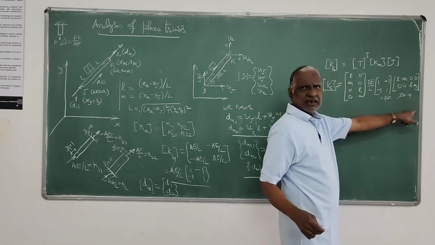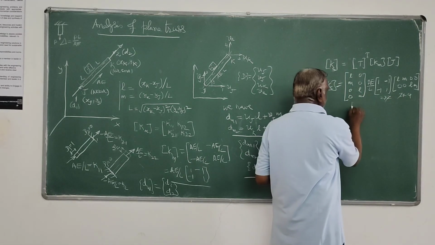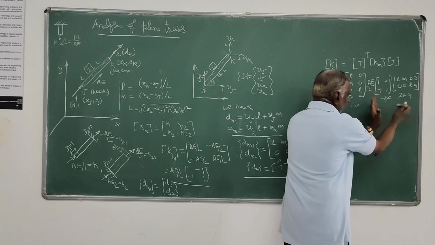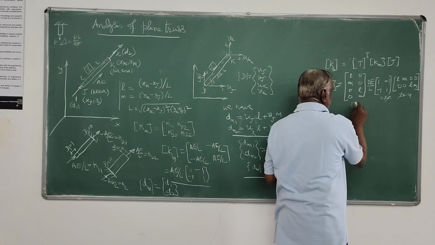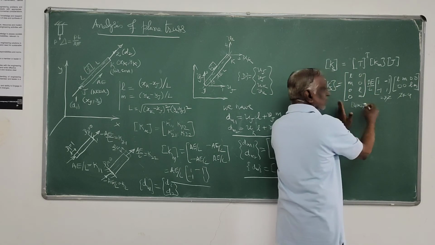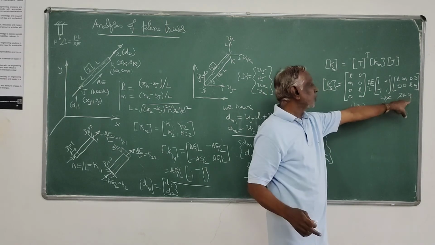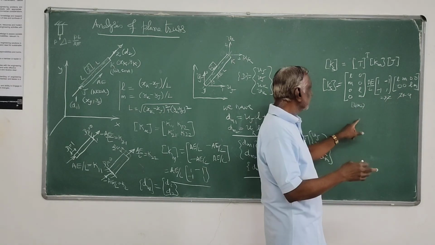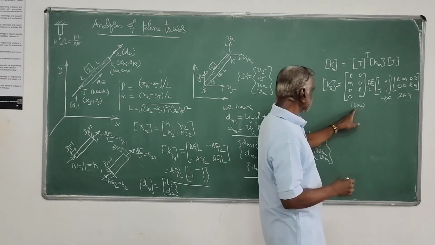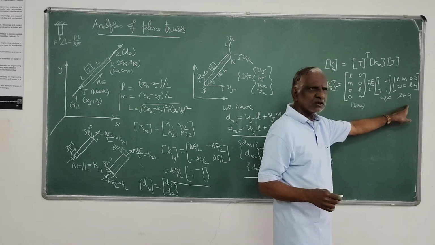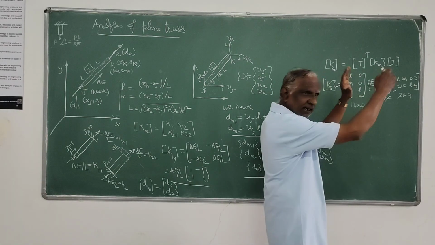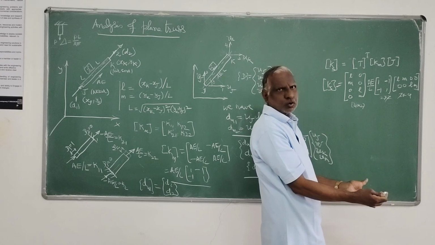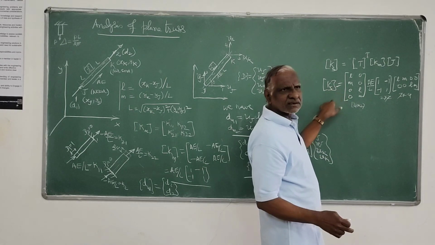If you multiply, you get 2 by 4. Then you can multiply that resulting 2 by 4 matrix with this 4 by 2. So 4 by 2 into 2 by 4, you will get a resultant matrix of 4 by 4. That is your stiffness matrix.